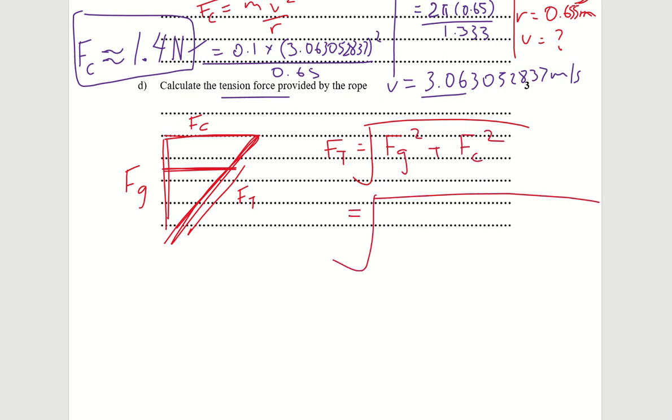If I put those numbers together, Fg is mass times acceleration due to gravity, so 0.1 times 9.8, squared, plus our centripetal force.